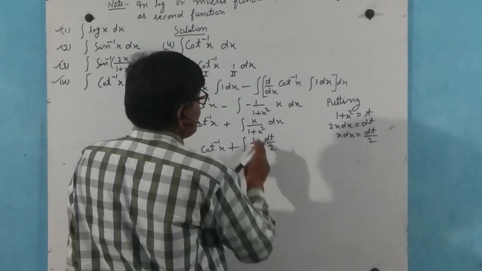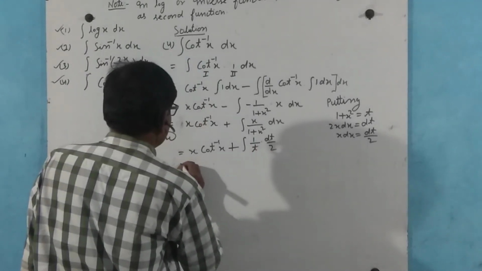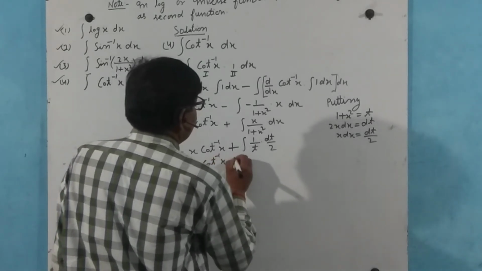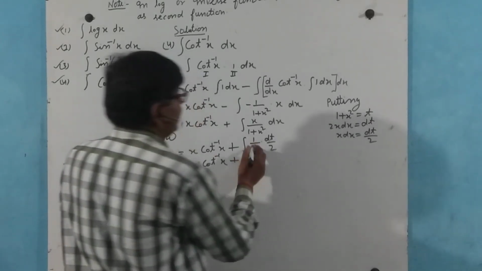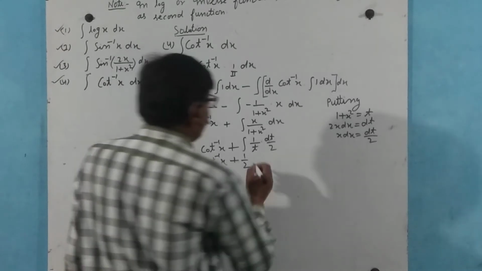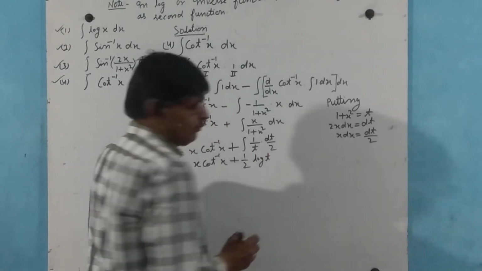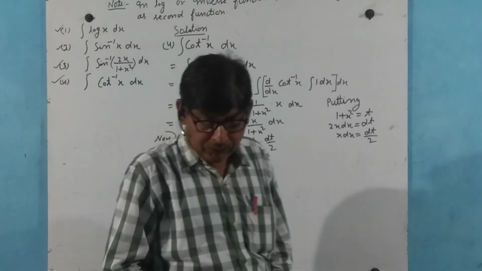Now 1 by 2 comes out, and integration of 1 by t dt equals log t.